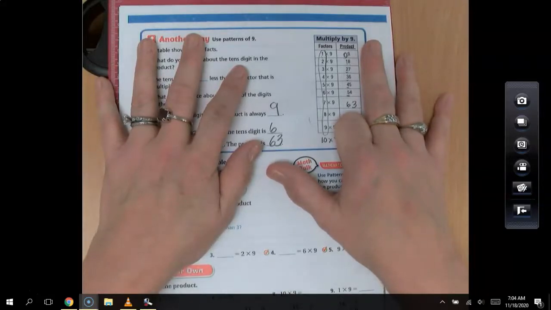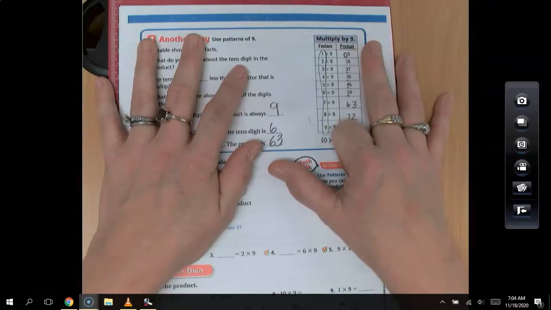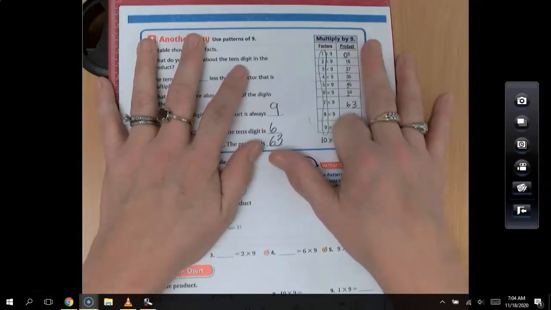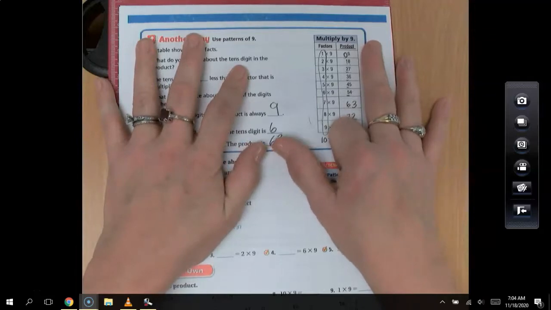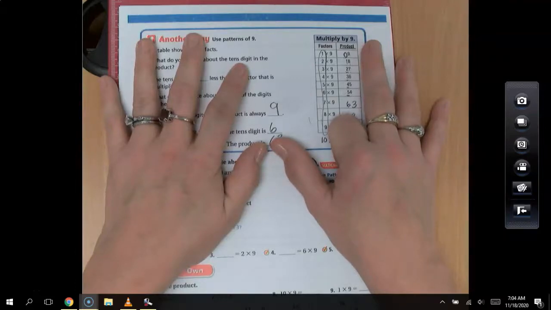Now I want you to look at my hands. My finger down, I call it my stop sign. You can call it a wall, whatever helps you realize that we're counting. My first number for my product is going to be on the left side of my stop sign.